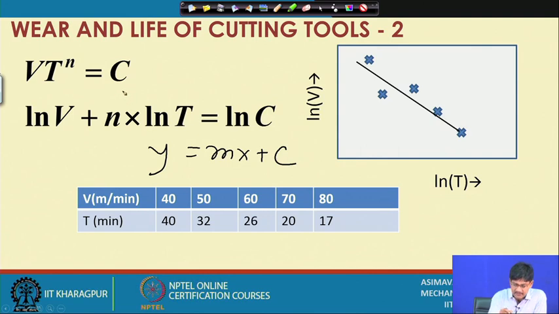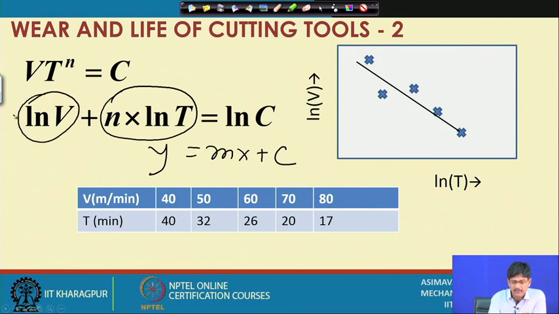This mx term happens to be on this side, but if we write it here, it will gain a minus sign, but that is mx. That is the general form of the straight line. What is y? y is nothing but the natural log of velocity. What is x? x is nothing but the natural log of tool life in minutes. What is n? n must be equal to m. If it is going to that side, there must be a negative sign, let it be, no problem.